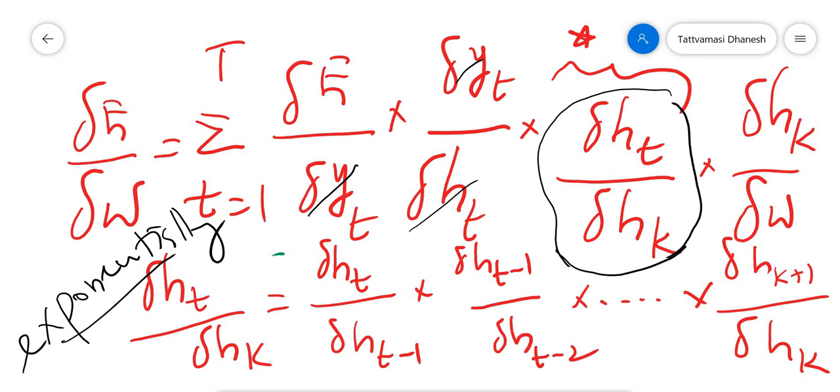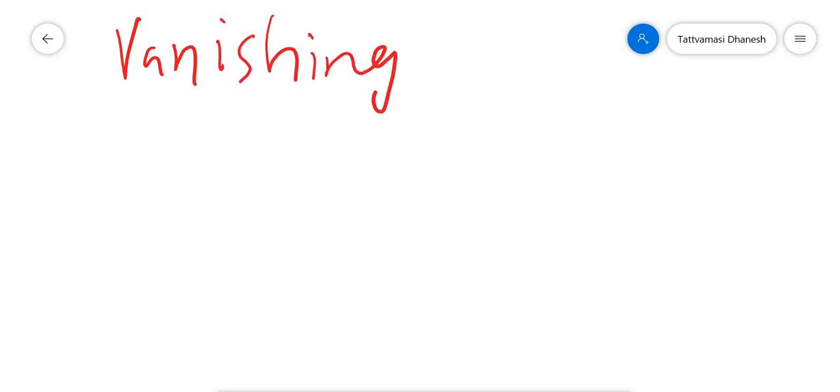Some complexity is there, but if you see what a Jacobian determinant is, it's easy for you to understand. Now I am getting into the vanishing and exploding gradient. What is vanishing and exploding gradient?